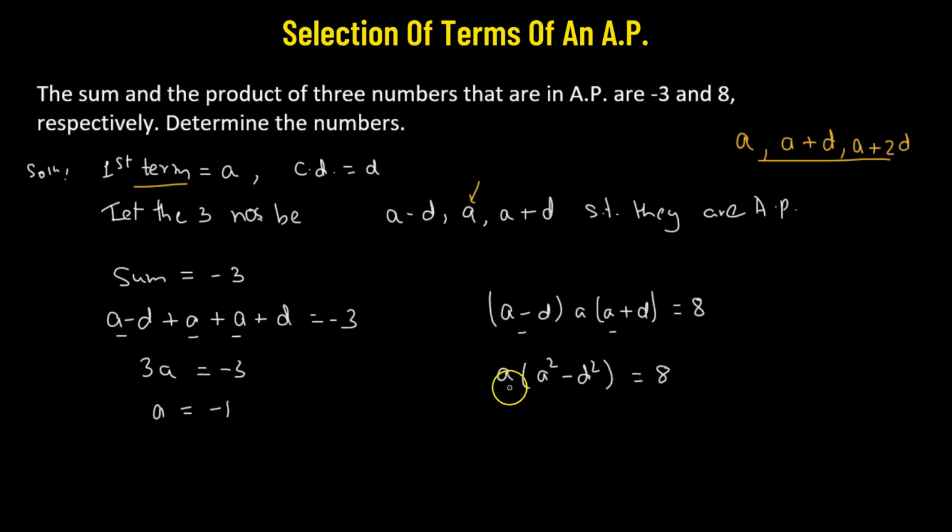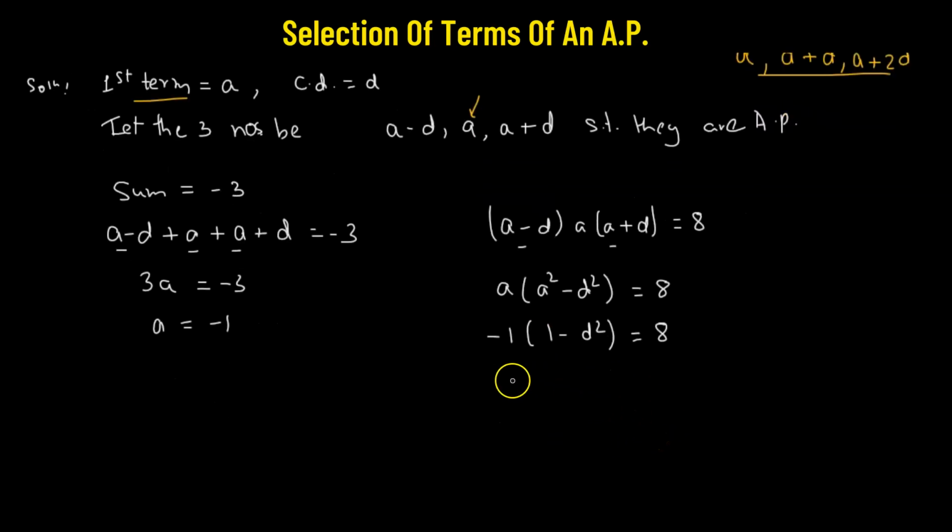We've already obtained a as -1, so -1 multiplied by 1 minus d squared equals 8, or -1 plus d squared equals 8. We transpose -1 to the right-hand side to get d squared equals 9, which gives us d equals plus or minus 3. So d could be either +3 or -3.